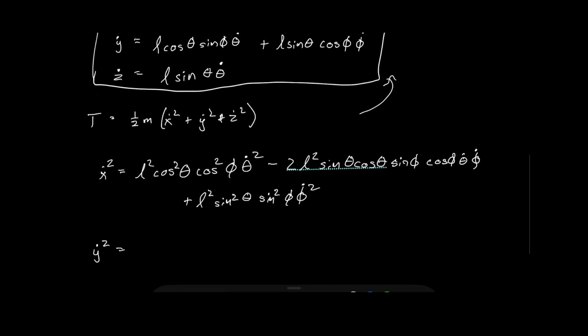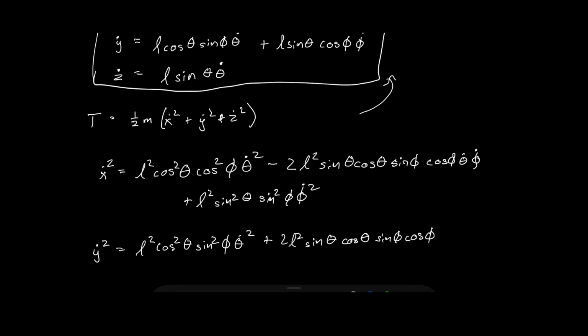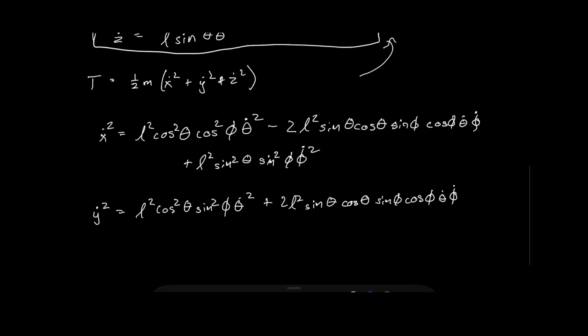Okay, so y dot squared, we'll keep that in view here. That's going to be L squared cosine squared theta sine squared phi theta dot squared plus twice L squared sine theta cosine theta sine phi cosine phi theta dot phi dot.